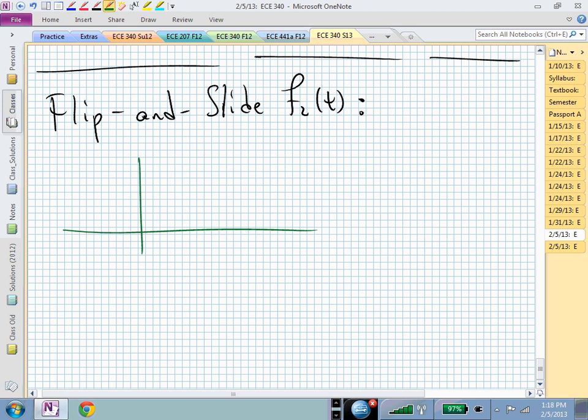I'm starting with f sub 1 of lambda that I need in the argument of my convolution integral, and that's just going to look exactly like f sub 1 of t, except now the t is replaced with lambda. So this is now e to the minus 2 lambda. That's my f sub 1 of lambda.